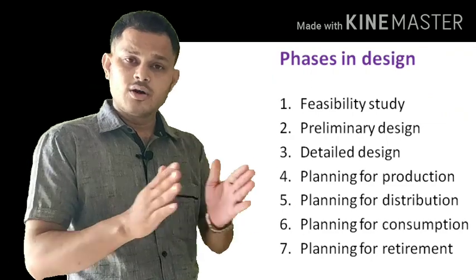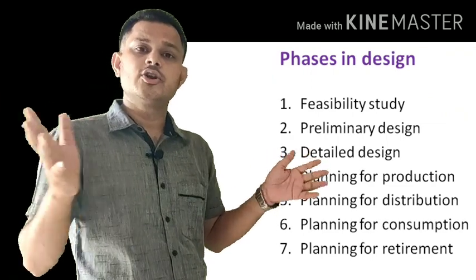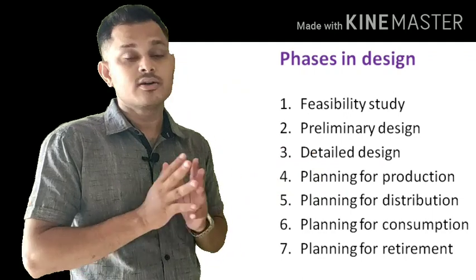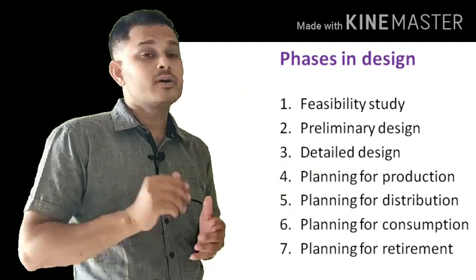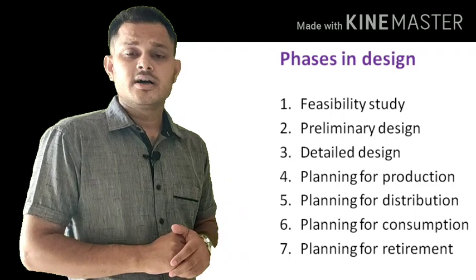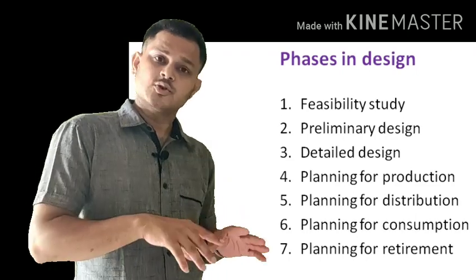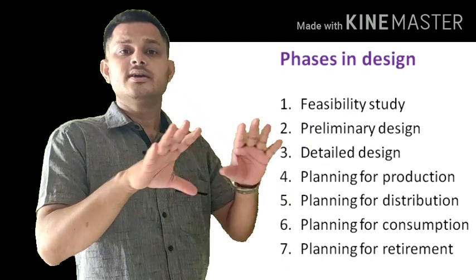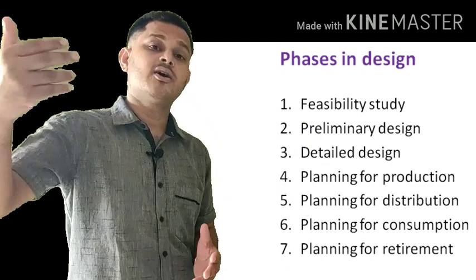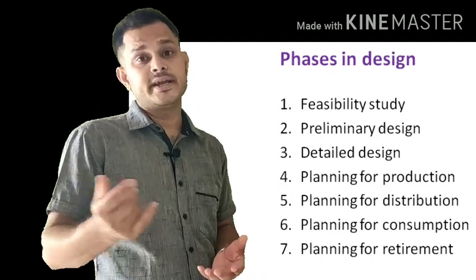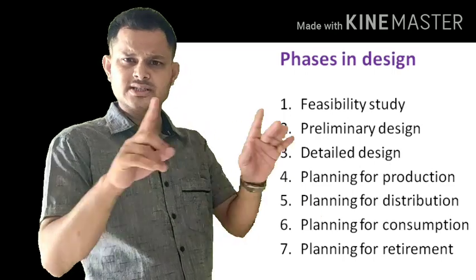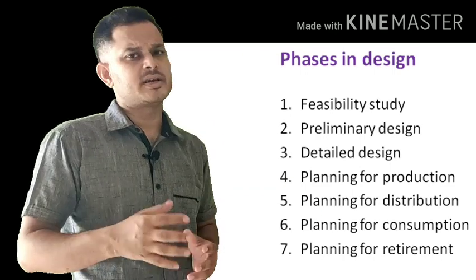So how long it is going to be consumed by the customer, that planning also has to be done. Nowadays you see that different models of phones are coming. So they are also planning how frequently this is consumed, after how many years a customer will need to change his mobile phone. So all this comes under different phases of the design.